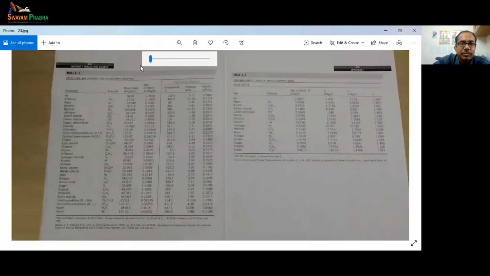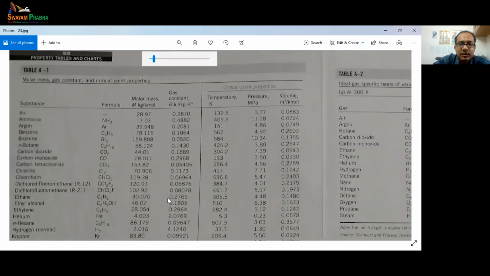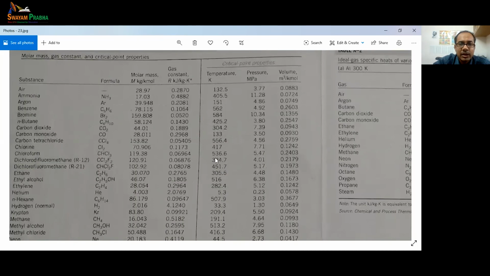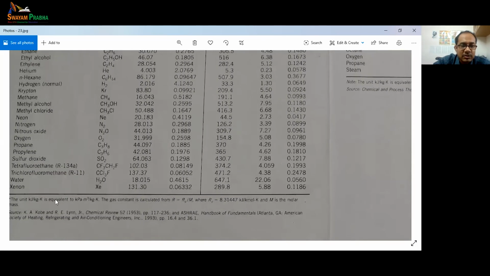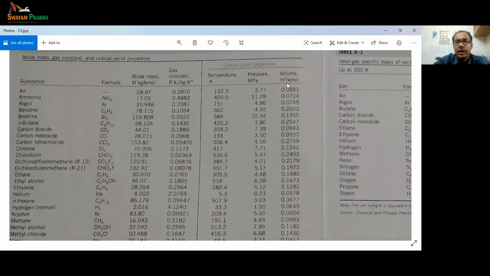Okay, let's look up the VCR for water. On the right, this is table A1 again. This is the critical point properties, and we are working with water. So the critical point specific volume is this value, 0.05056, and that's in meter cube per kilomole.